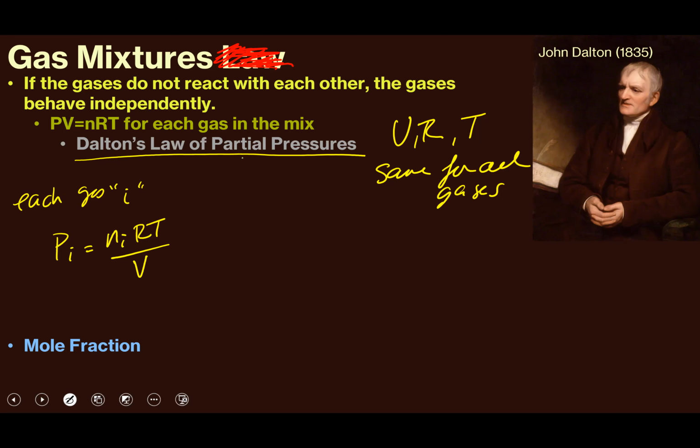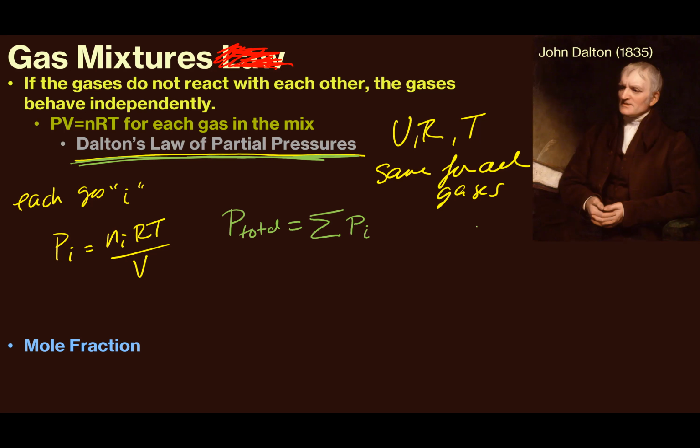Dalton's law of partial pressures is telling us that the total pressure of all the gases in the mix together is equal to the sum of the pressure of each gas. What we're seeing here then is this concept of a partial pressure.